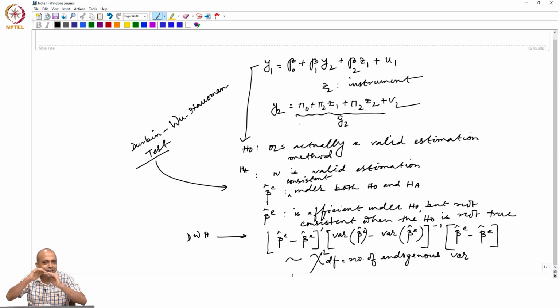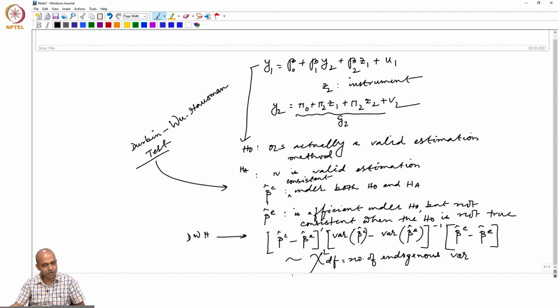The entire philosophy of the Hausman test is based on two alternative methods of estimating the same equation, one by OLS, another by IV, and then we test whether there is a significant difference between beta hat OLS and IV, because here we are writing beta hat C and beta hat E. C is consistent, E is efficient.